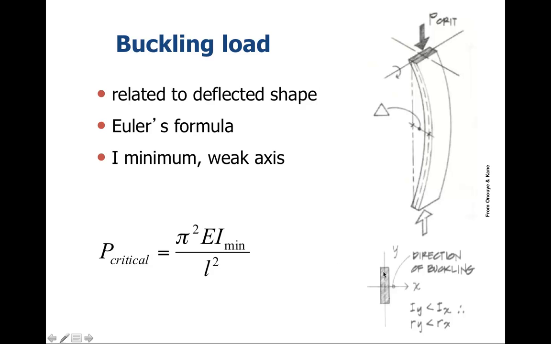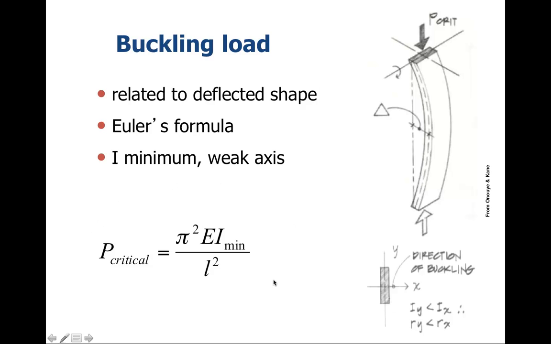So if we have this column right here, we have two axes, the y-axis and the x-axis. Which one is it going to buckle along? It will be strongest along the x-axis and weakest along the y-axis.